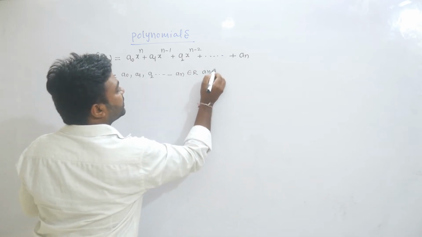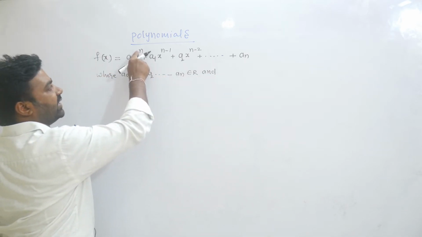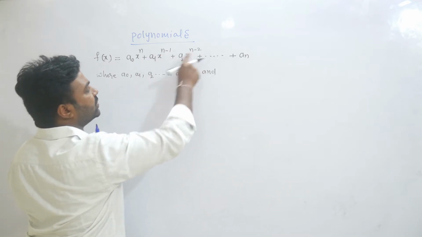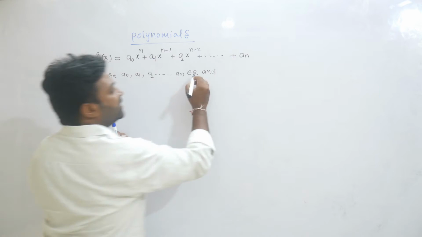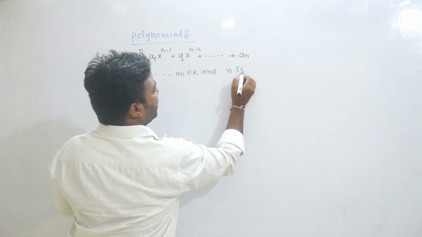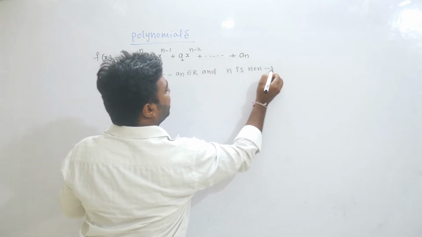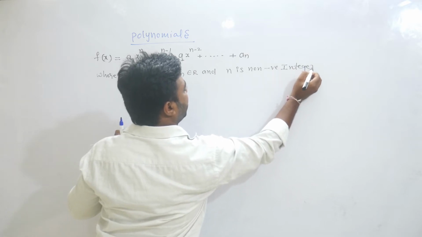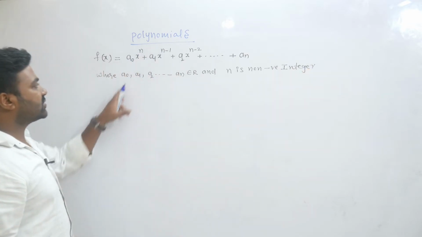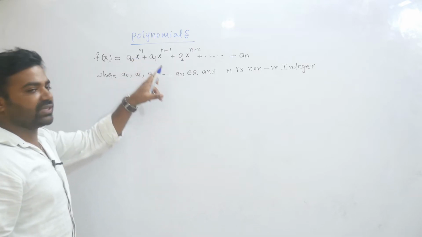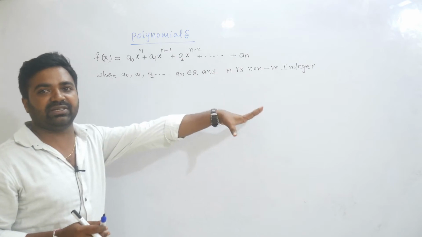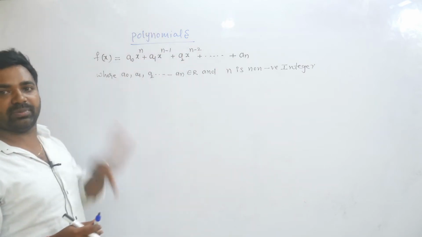The variable powers are n, n minus 1, n minus 2, and n is a non-negative integer. So the coefficients belong to real numbers and n is a non-negative integer. Then it is called a polynomial.